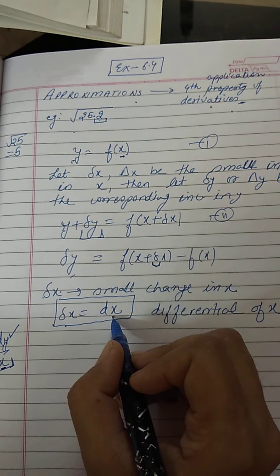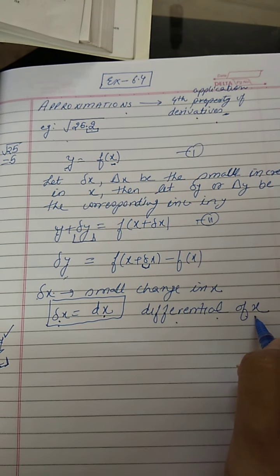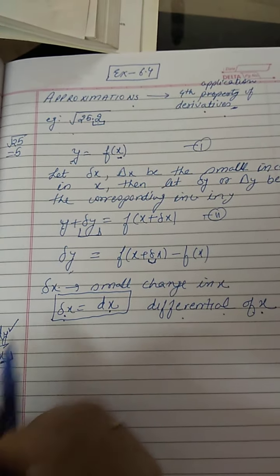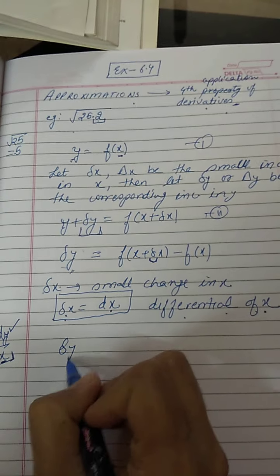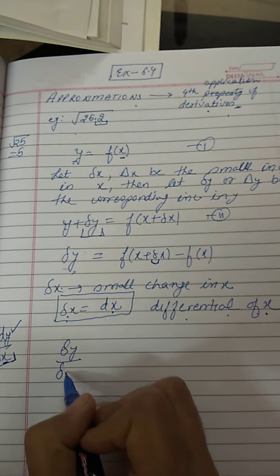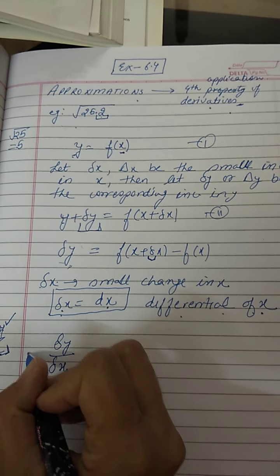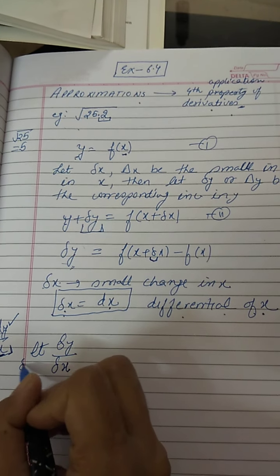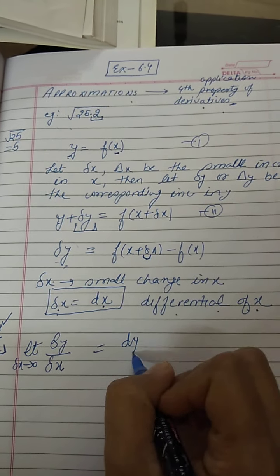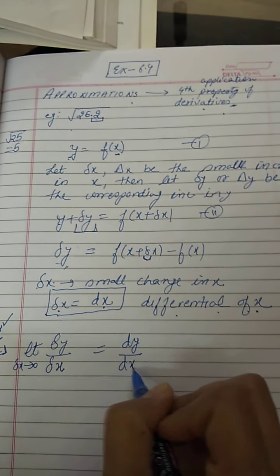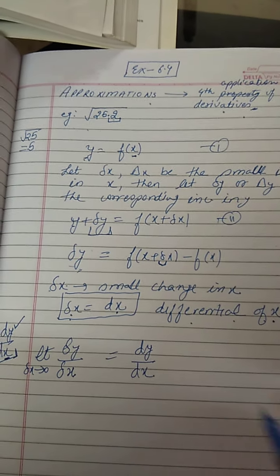So this dx is change in x also, and it is also called the differential of x, right? And when I take this del y, change with respect to x, del x, and take the limit as del x approaches 0, then it becomes the change in y corresponding to the change in x.